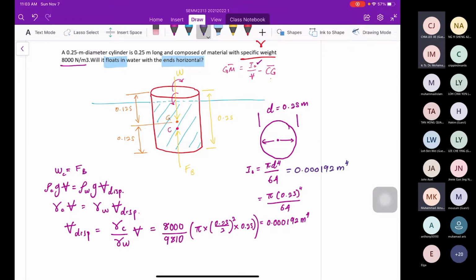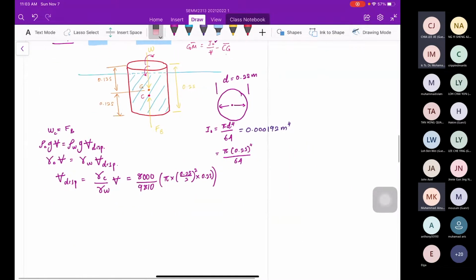So after I calculate here, I will get the V displaced to be 0.01 meter cubic.